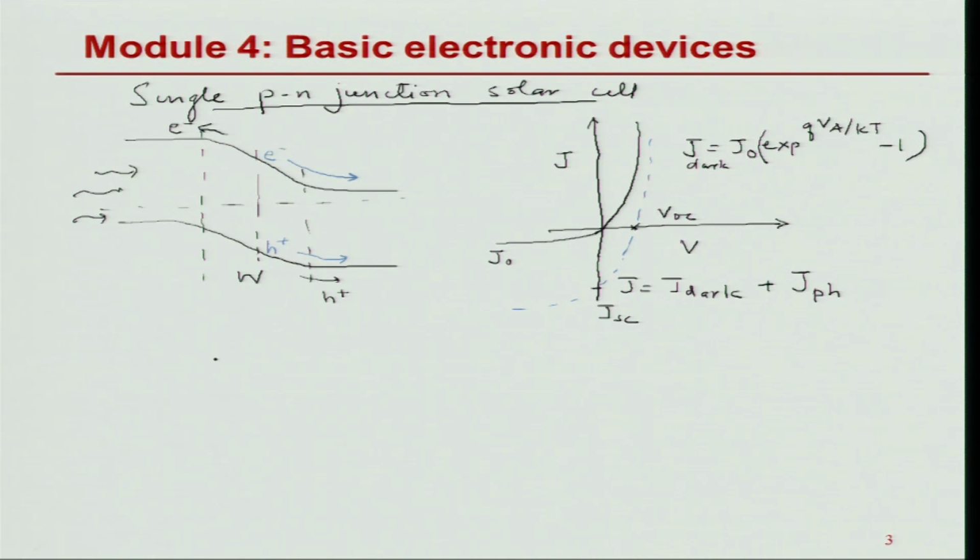Let us look in more detail at what J photon, or J due to the light, is. J due to the light is basically all the electron hole pairs that I have generated by the light, and it can be generated anywhere. I can generate it in this area, I can generate it in this area. And how does that decide how many are generated?